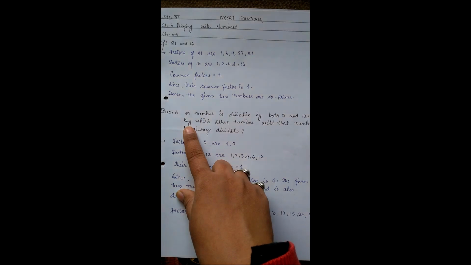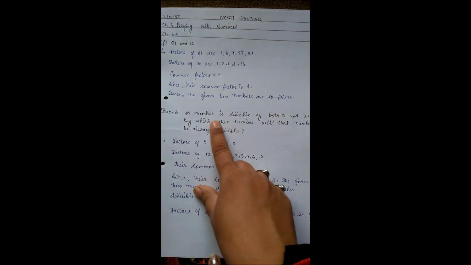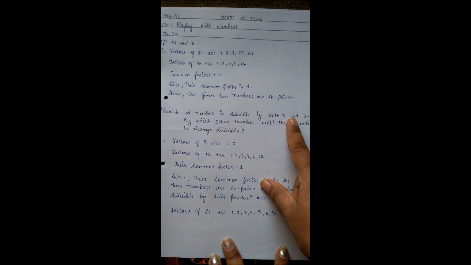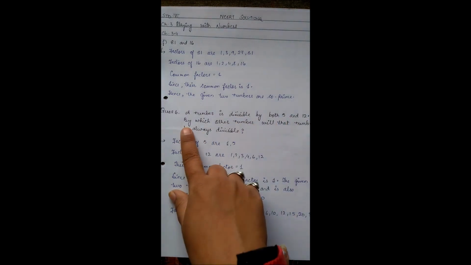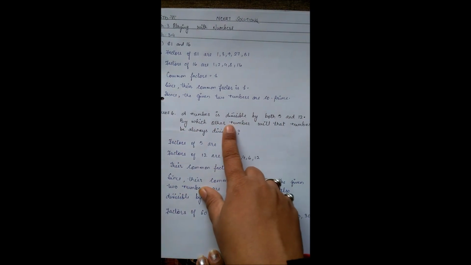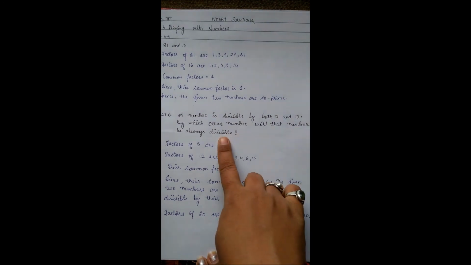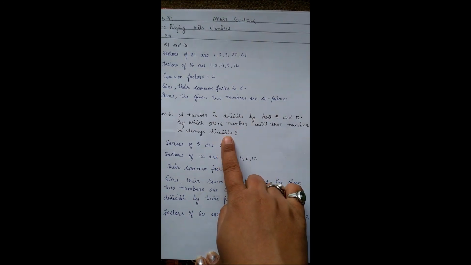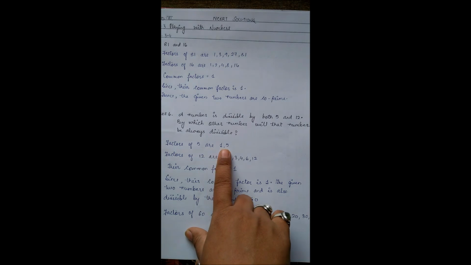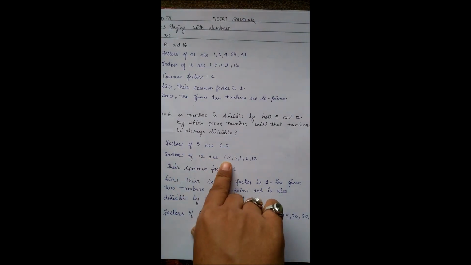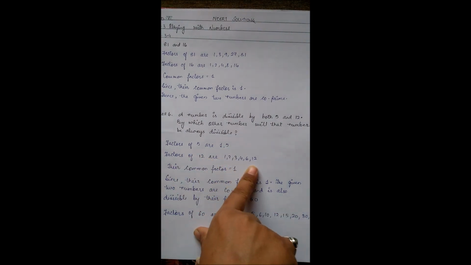Next question, question 6. A number is divisible by both 5 and 12. By which other number will that number be always divisible? So factors of 5 are 1, 5. Factors of 12 is 1, 2, 3, 4, 6, 12.